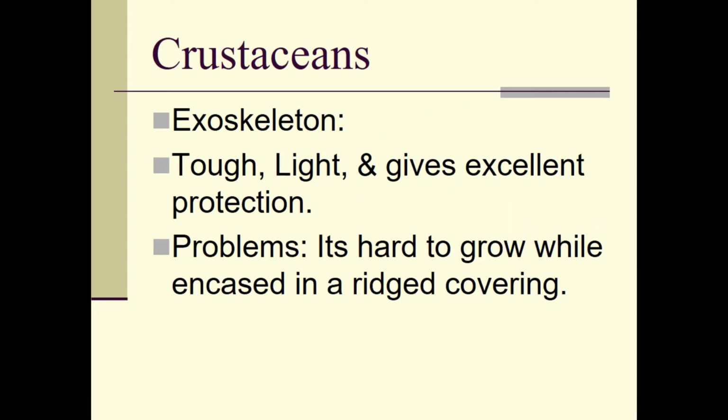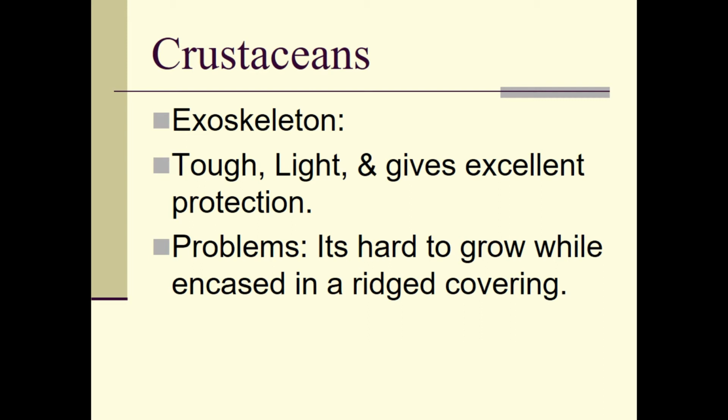The exoskeleton on the crayfish is tough and light. Again, it is made of chitin, which we talked about in the earlier lesson, and it does give the crayfish excellent protection. The problem with the exoskeleton, though, is that it's hard to grow when your skeleton is on the outside.